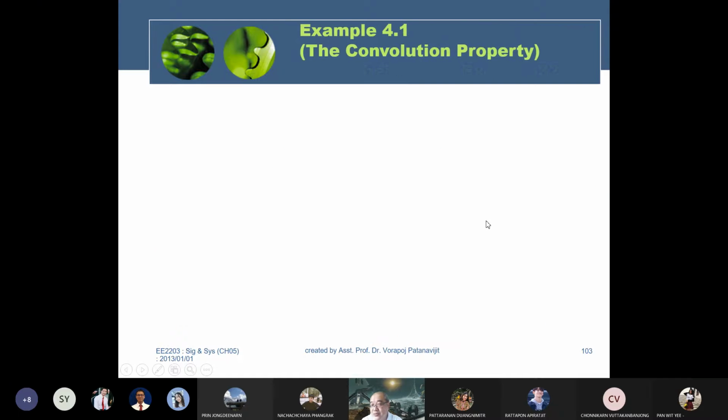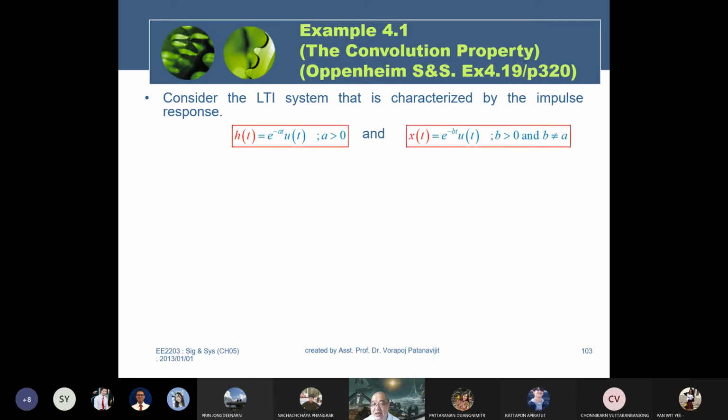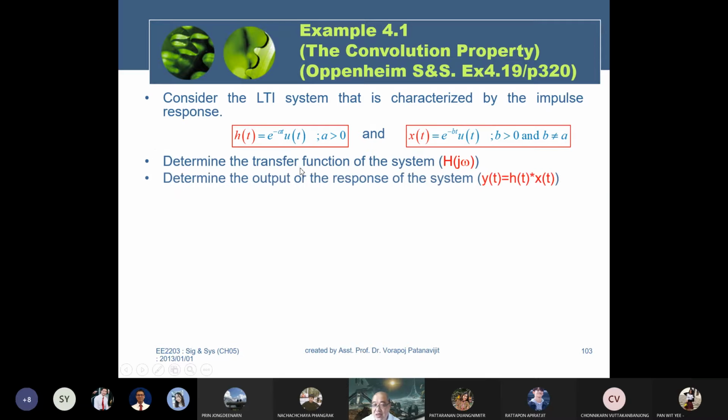Now, in order to make you understand, we will provide you a simple example case. In this example, consider the LTI system characterized by the impulse response h(t) = e^(-at)u(t), and x(t) = e^(-bt)u(t).